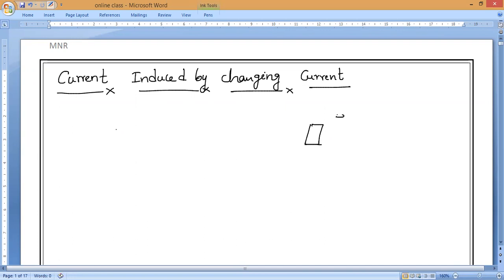Normally, if you take this experiment, the conductor keeps moving up and down between the north and south pole of a horseshoe magnet, so that current is induced in the conductor.